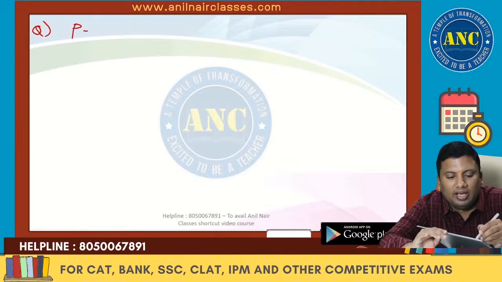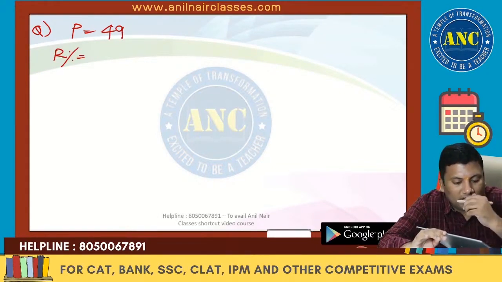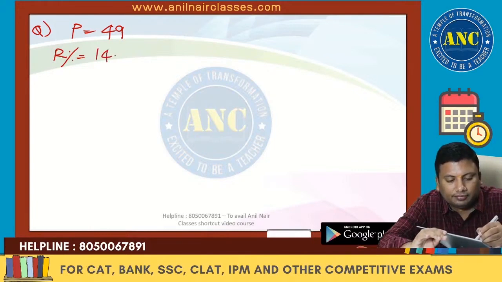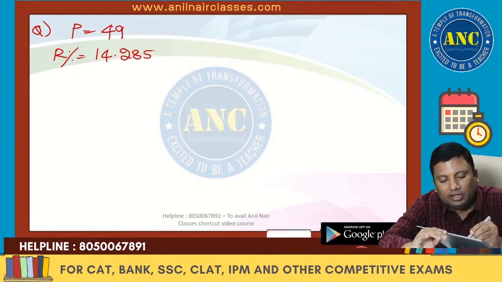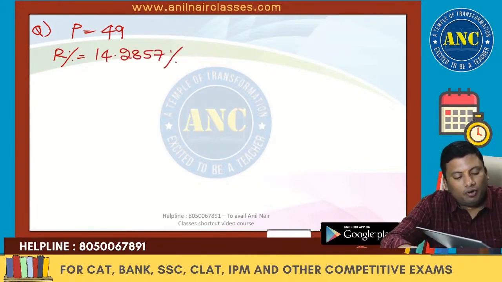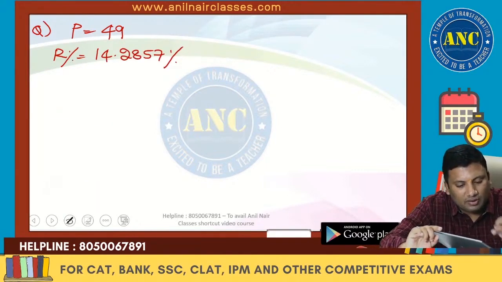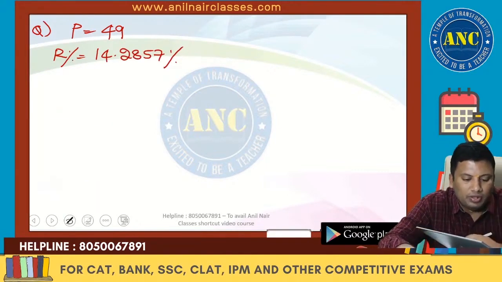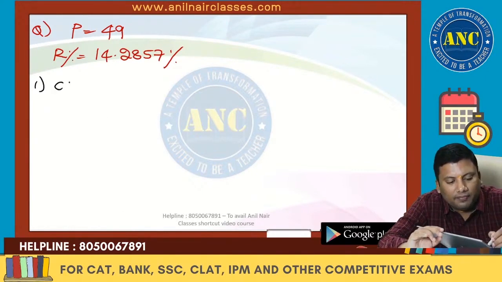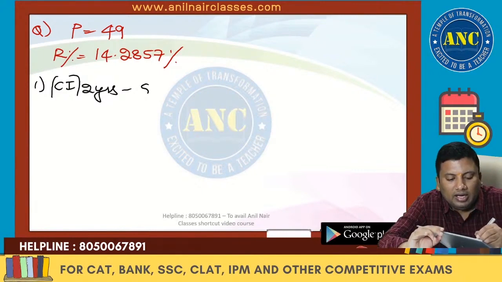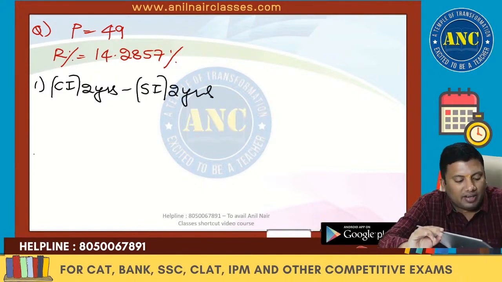Suppose P is nothing but 14.9 and R percentage is nothing but 14.2857. Now see here, sir. First question: CI for 2 years minus SI for 2 years.